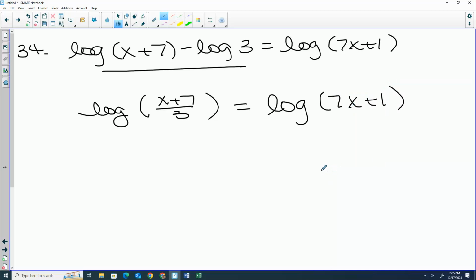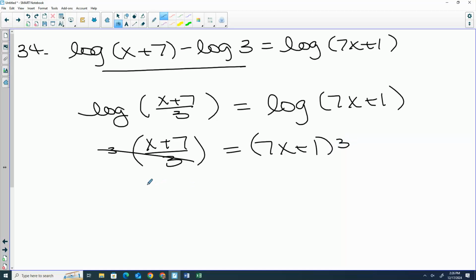Now if you have a log on each side, what do you do? So now we have to x plus 7 equals 21x plus 3.